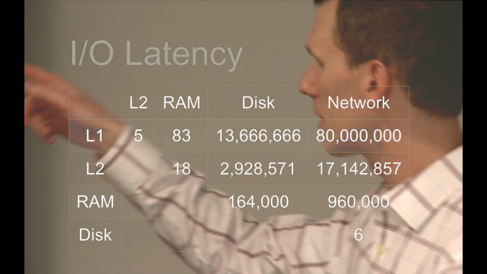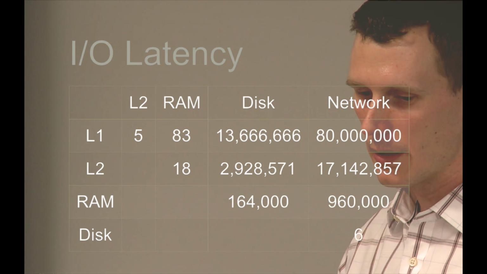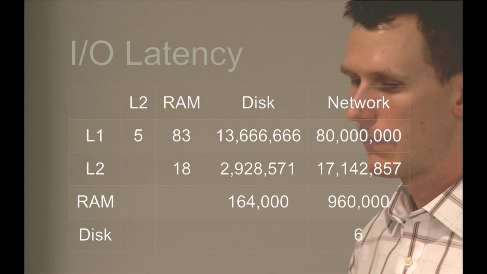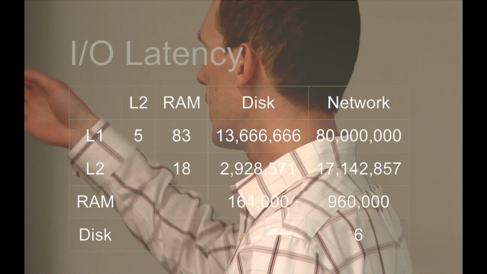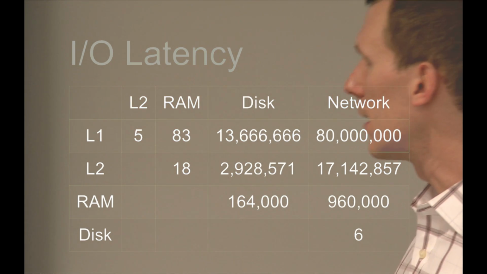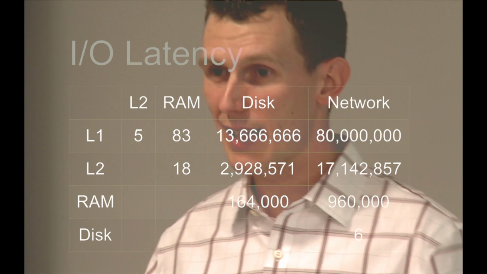For instance, the first number 5 there: accessing L1 cache is about 5 times faster than L2. As you go across, you can see that accessing cache is maybe 80 million times faster than accessing something over the network.